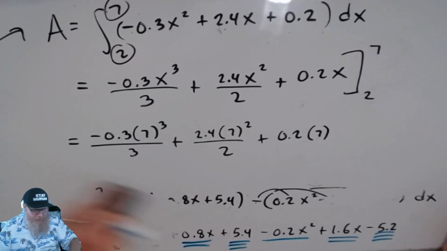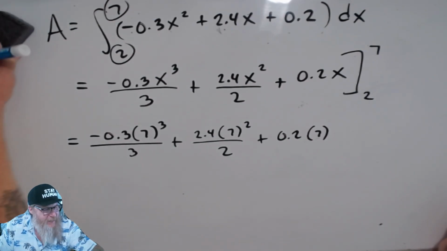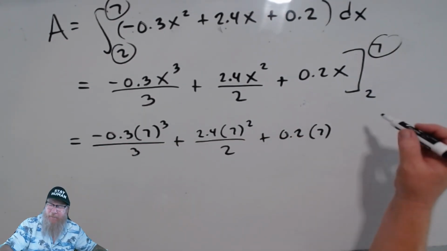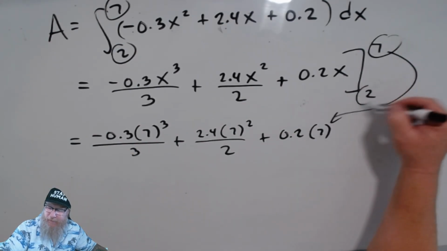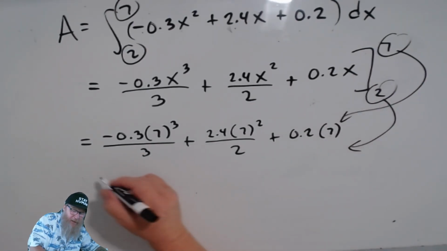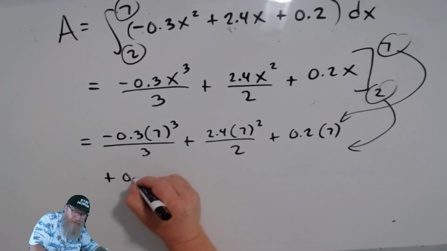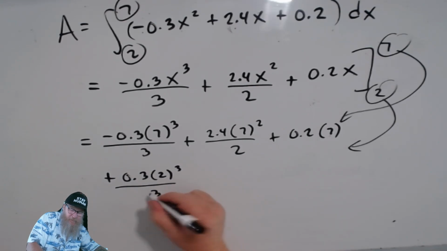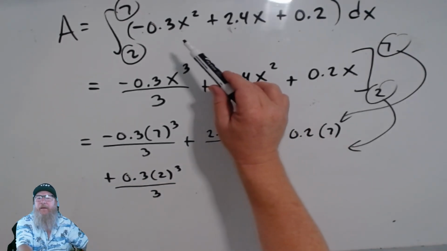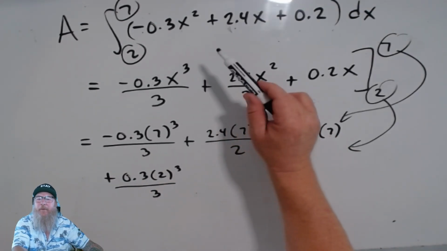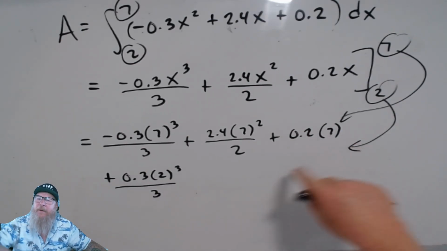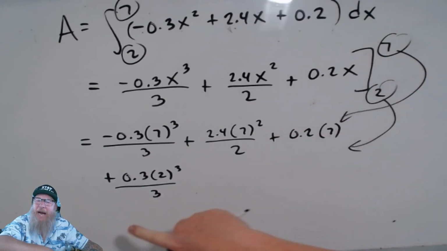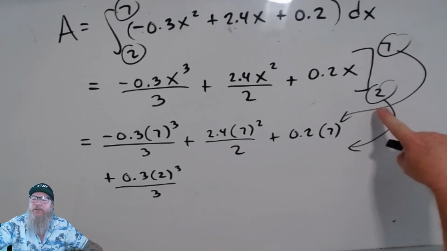Now here's a cool trick, or a great technique. I put the upper limit on the top row. And then the lower limit, I just put it right below it and I change all the signs. Because remember, the FTC, the Fundamental Theorem of Calculus, episode 2, says you plug in the upper limit, which is 7, minus the lower limit, which is 2.